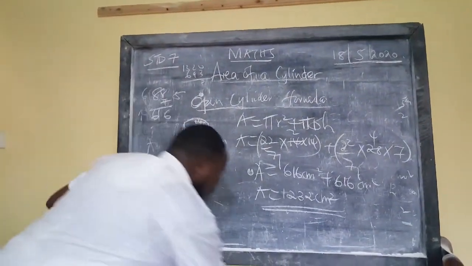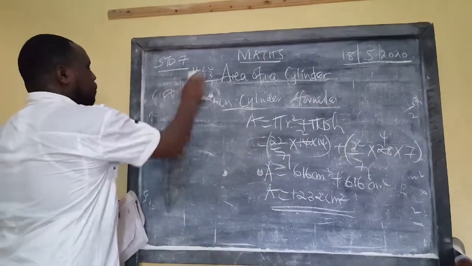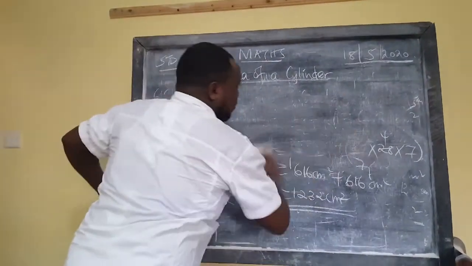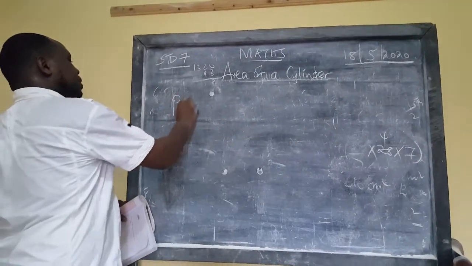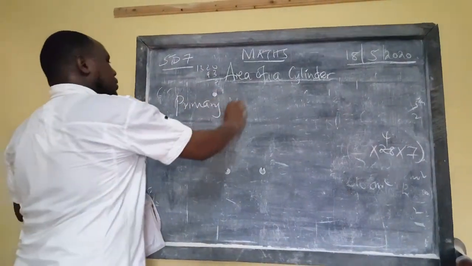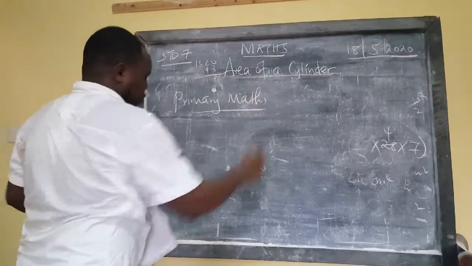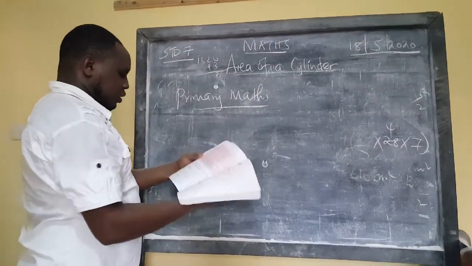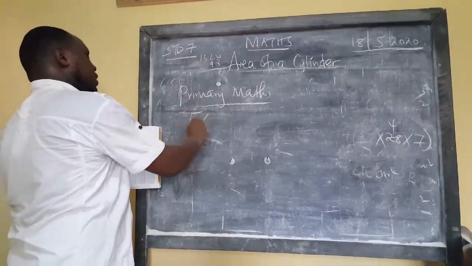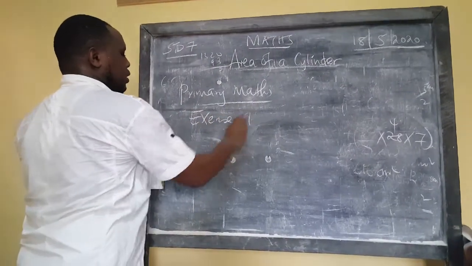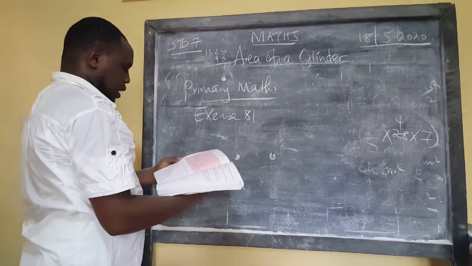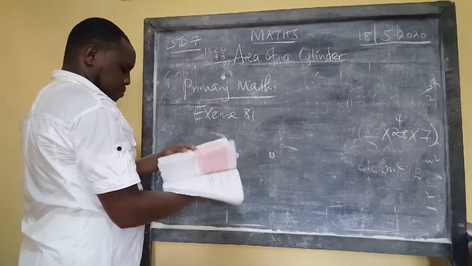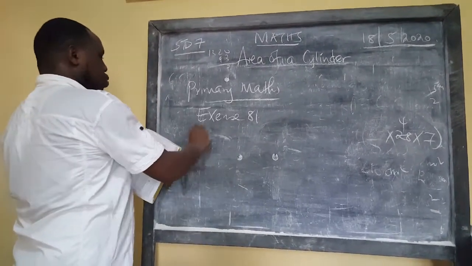So for our practice questions, I want to stop at that point. Our practice question, Primary Maths Book 7 of course. I want you to do questions, Exercise 81. Exercise 81 has questions up to number 3, 1 to 3.